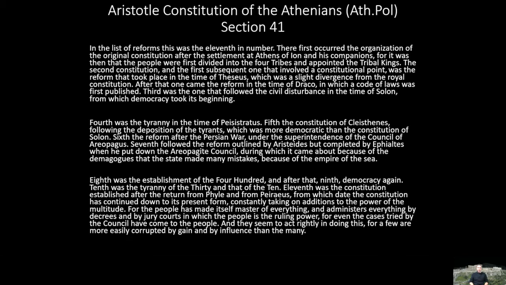After that one came the reform in the time of Draco, in which a code of laws was first published. Third was the one that followed the civil disturbance in the time of Solon, from which democracy took its beginning.